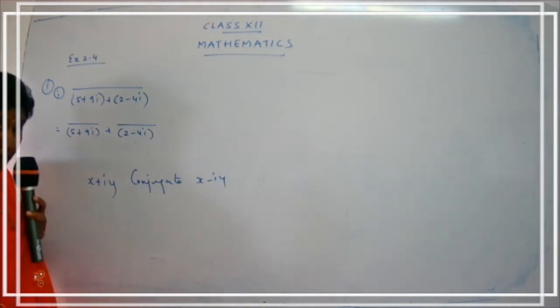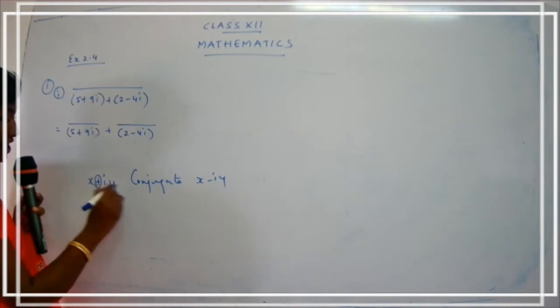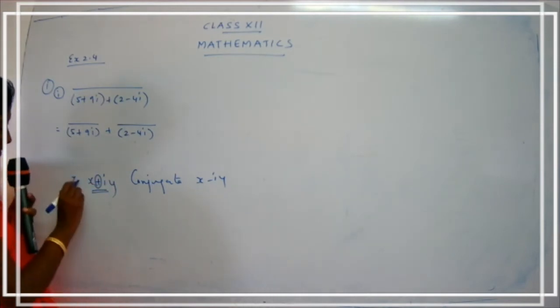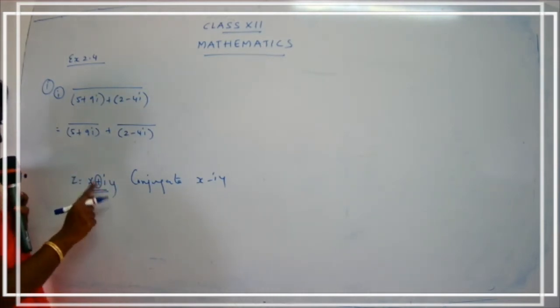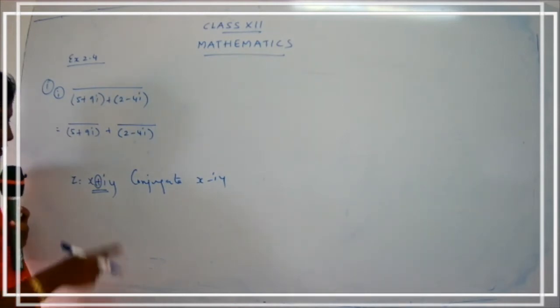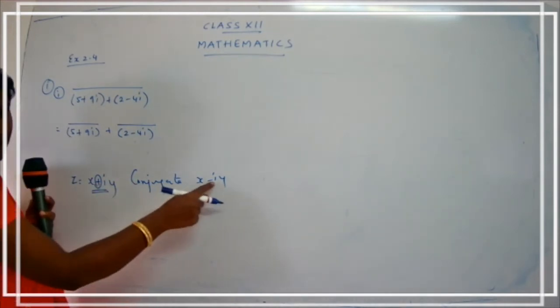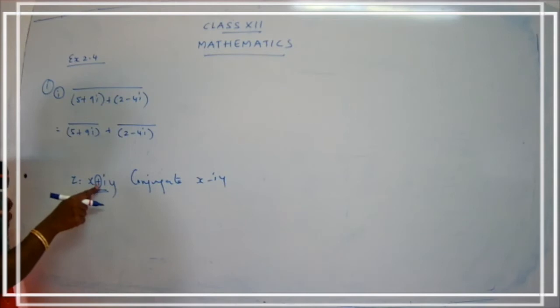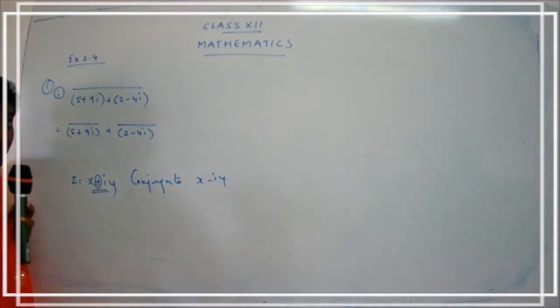Be careful, children. Here the complex number was x plus iy. So how are you going to get the conjugate? You are getting x minus iy. That means you are changing the sign of the imaginary part. Try to identify the real part and the imaginary part so that you will be clear with the different parts used in a complex number.